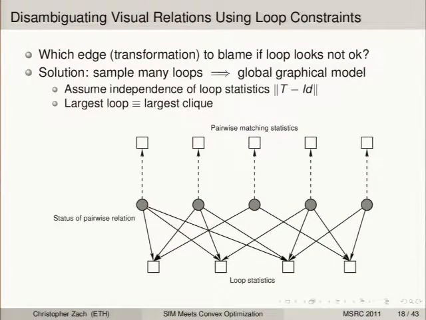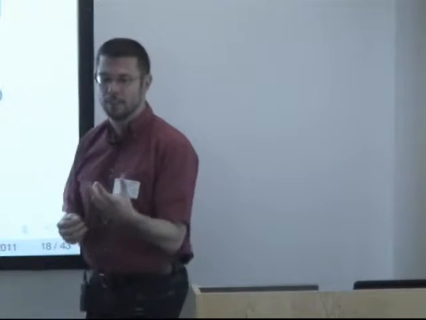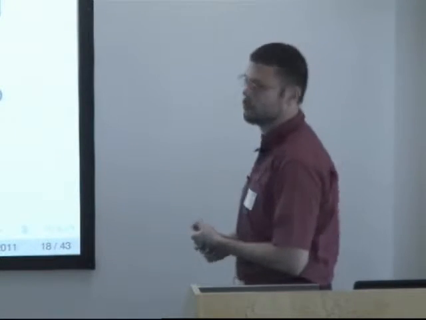Looking at one loop is not sufficient because it only tells you the loop looks probably wrong, but you don't know where. But when you look at many loops, and one particular edge or pairwise relation between images participates in many loops, this allows us to pin down the most probably incorrect edges by setting up a graphical model and doing inference.